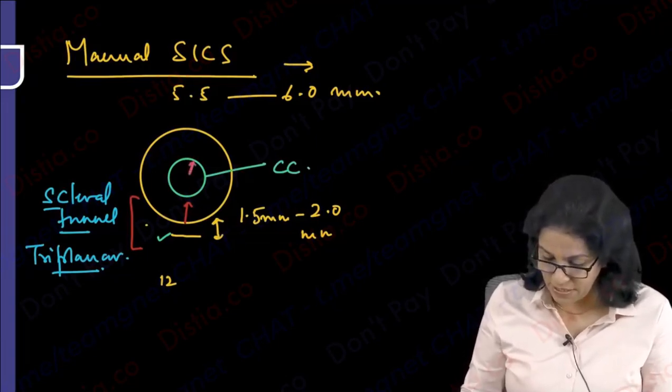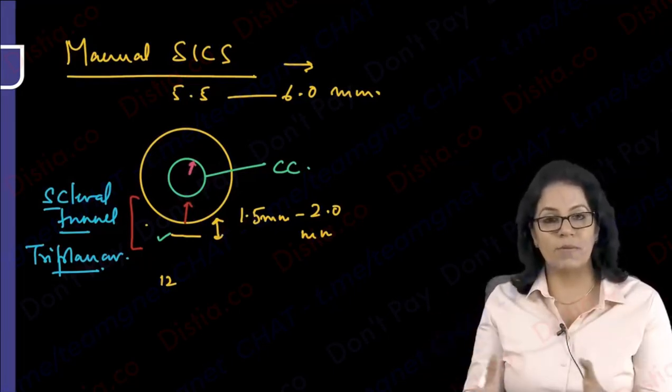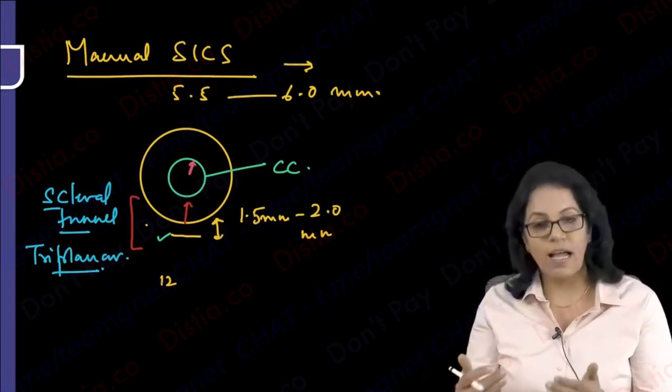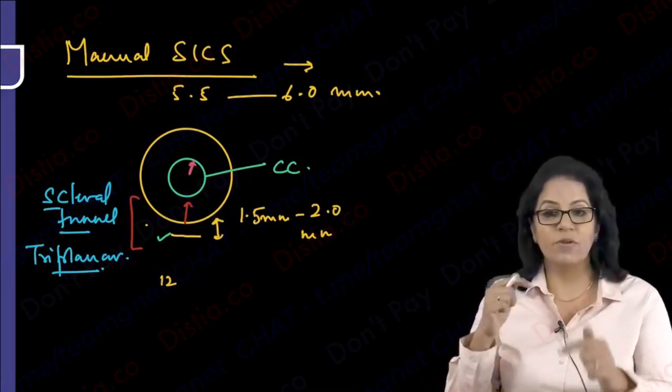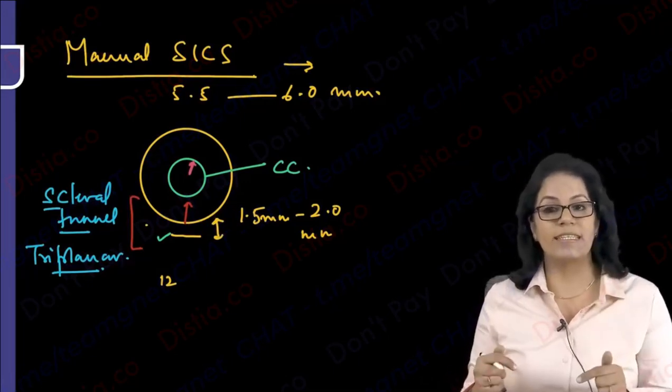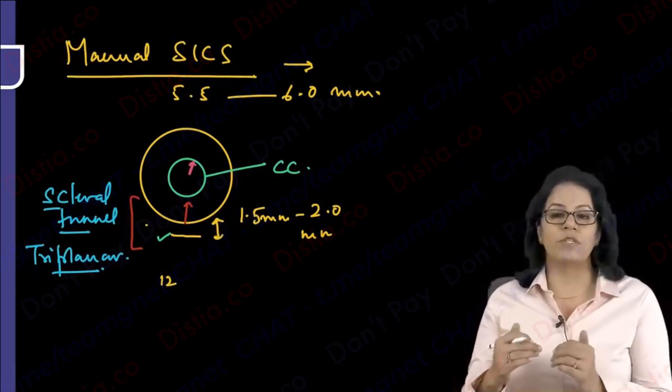Then what next? Again, hydrodissection. Through the water, I am separating the whole lens from the capsule. Then how do you take out the harder part? Because the incision is not totally open, I cannot go by pressure counter pressure as I did in ECCE. So I go for visco expression.